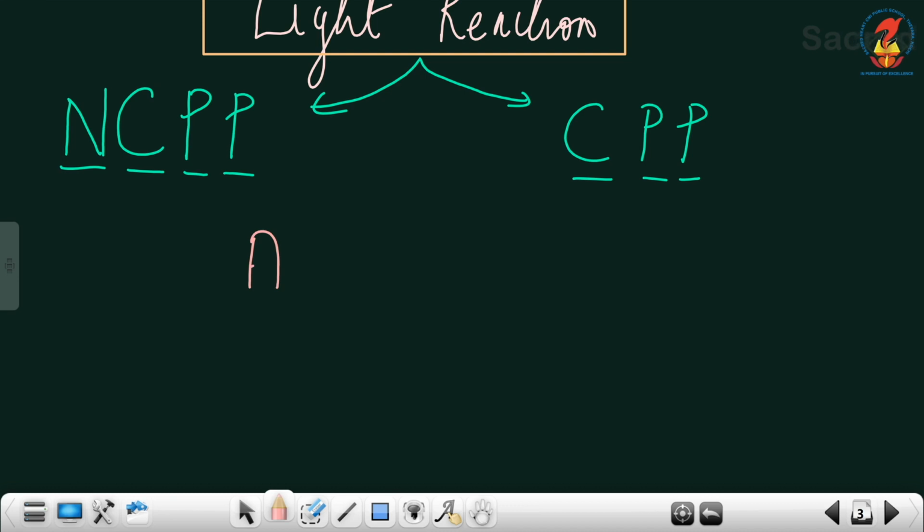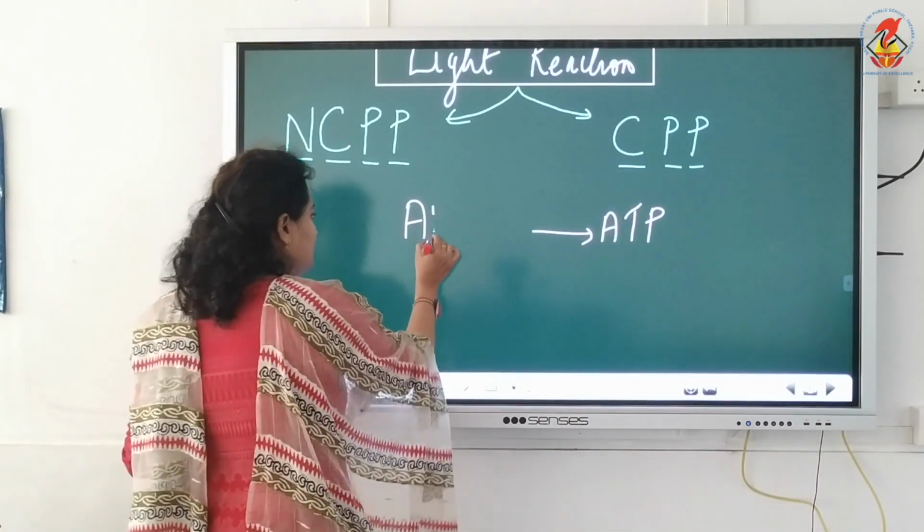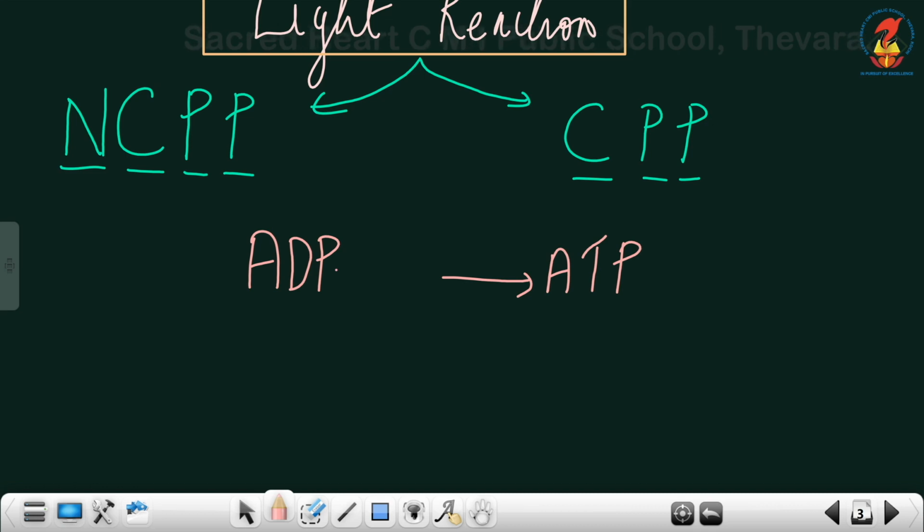We saw that the energy molecule is ATP, adenosine triphosphate. How is it formed? ADP, adenosine diphosphate, plus phosphate combines to form ATP. This process is called phosphorylation. So what is phosphorylation?